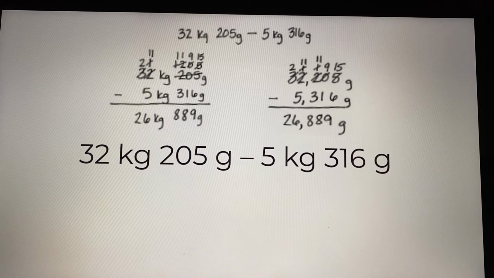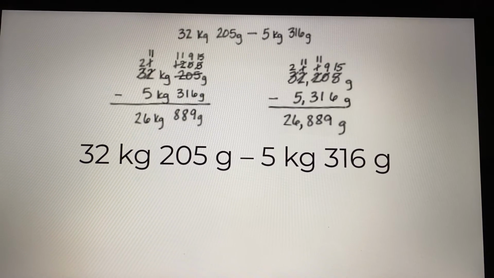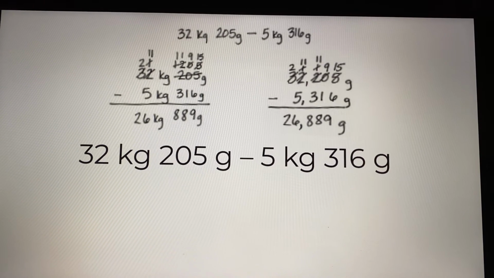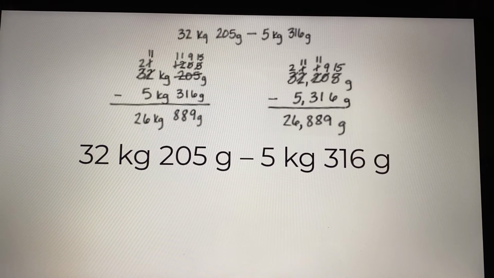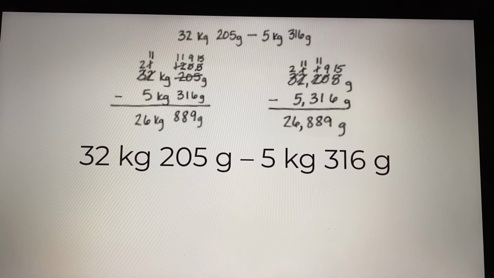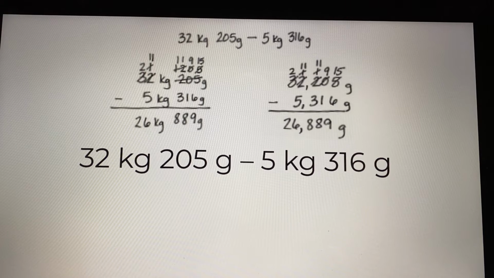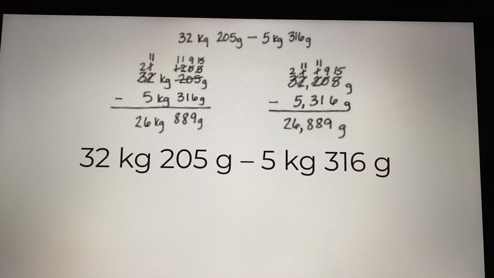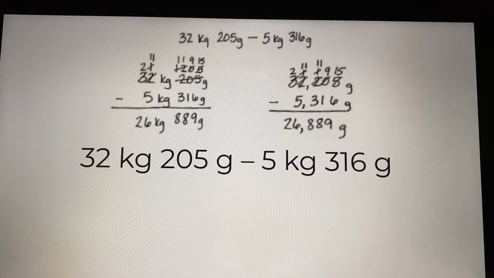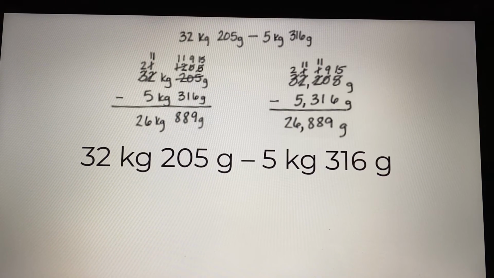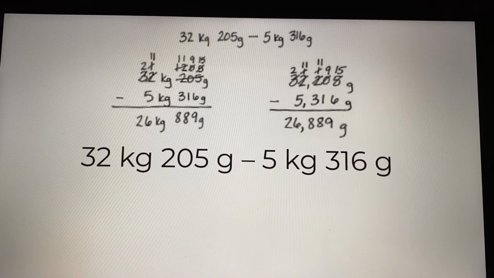You have to take one of the kilograms from 32 and make it 31, and then you're using 1,000 grams minus 316 grams. Or you can just change them all to grams, then change it over. So the answer is going to be 26 kilograms, 889 grams.